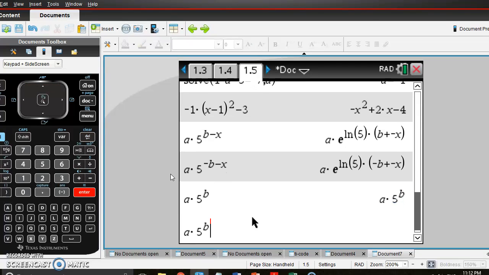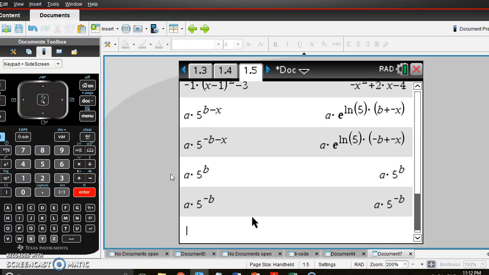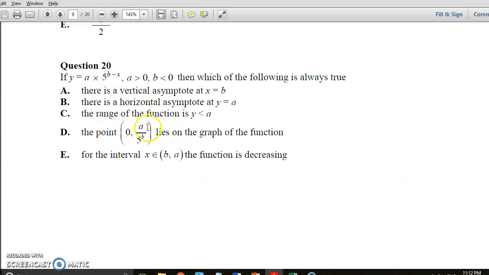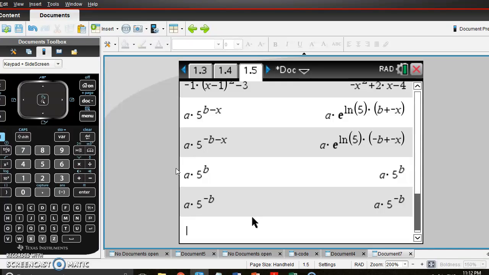If I do a to the power of negative b, because it tells us b is less than 0, we'll use our index laws. As for this thing here, I'm not sure. My advice: try to graph it.